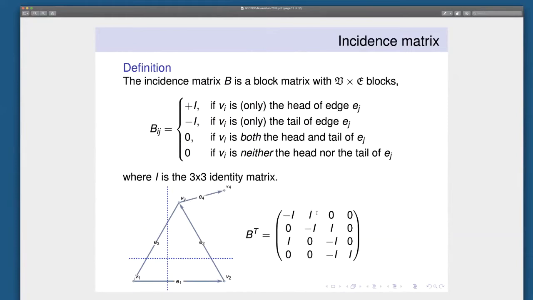And you don't necessarily have 0 column sums, because the column sums more or less count the number of edges going into a vertex minus the number of edges going out of the vertex. So if I look at vertex 3 here, 1 comes in and 2 go out. So the column sum here is -1.